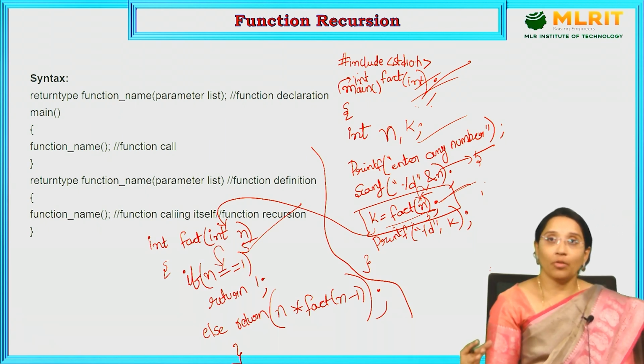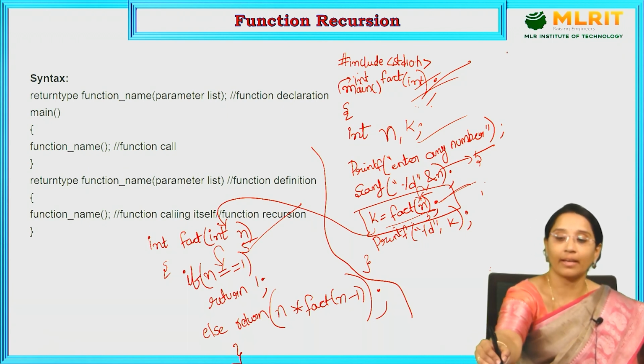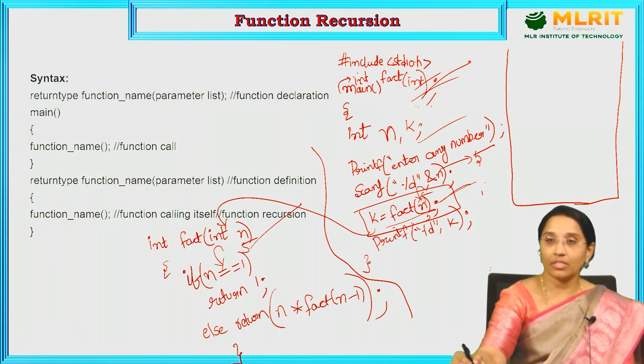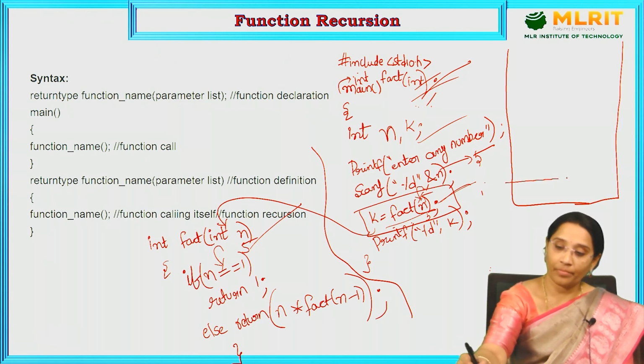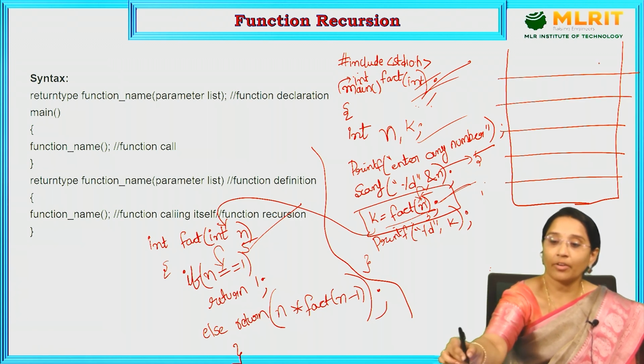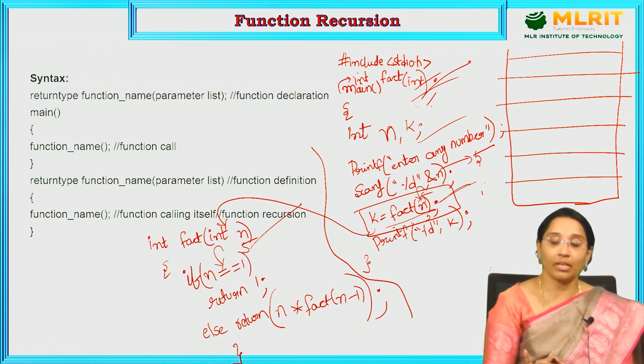Always, in the recursive approach, it will take the memory from the stack. All the data will be loaded in the stack. Stack is one kind of memory. So this is your stack. An activation record is always maintained in the stack. Whatever process we are doing here, that record will be maintained in the stack.